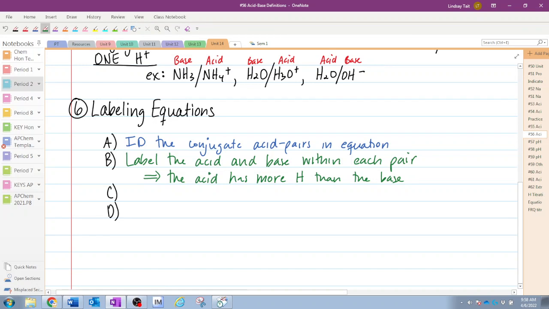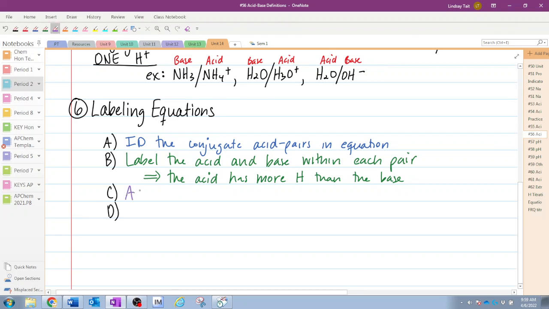Okay, so at this point, I've now labeled all 4 of my formulas as either an acid or a base. But that can be confusing because that means we'll have 2 acids and 2 bases. So my step 3 is just vocabulary, trying to clean it up so that there's no confusion if I say what's the acid, which one am I talking about.